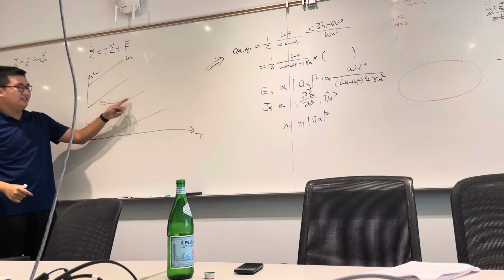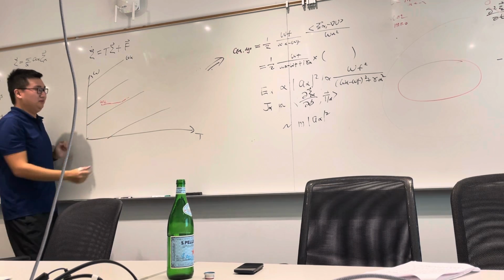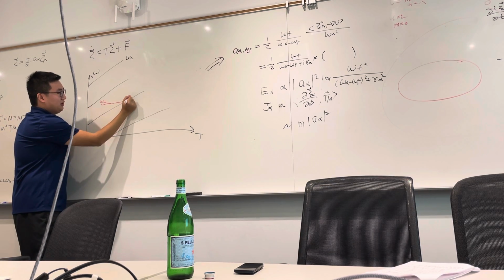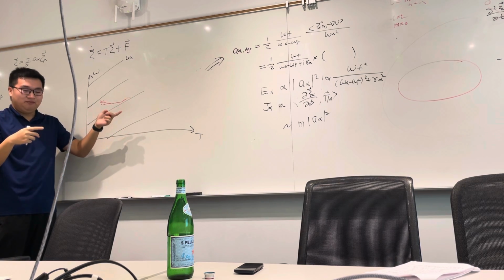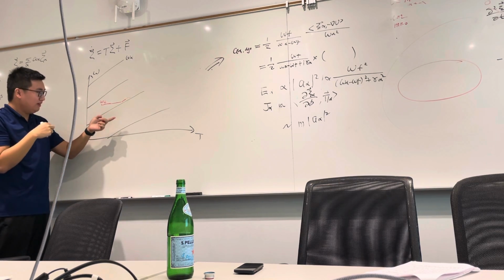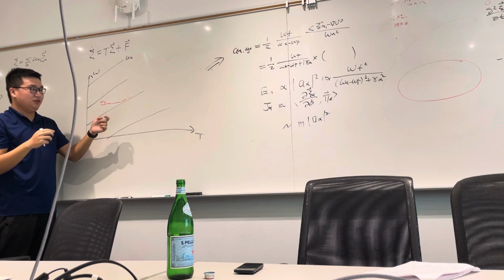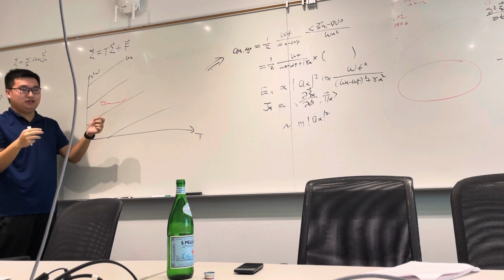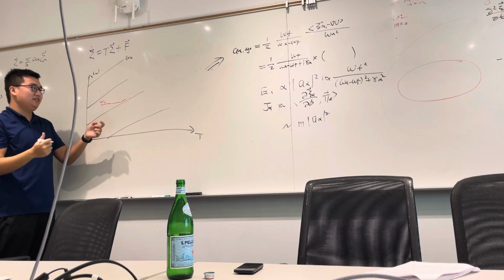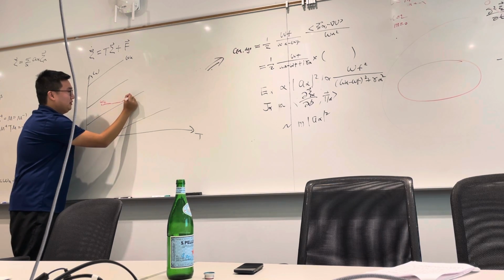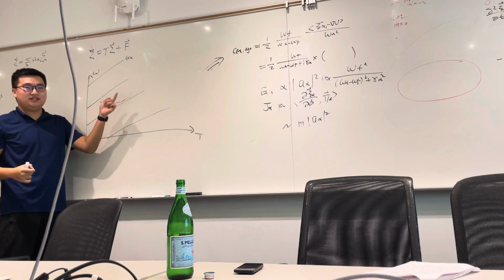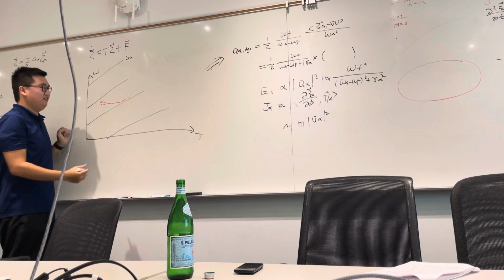So notice that this is actually a stable equilibrium, because if you are getting closer, then you are dissipating more energy. You are losing more orbital energy. So you must go in that direction, which is faster change of omega f.